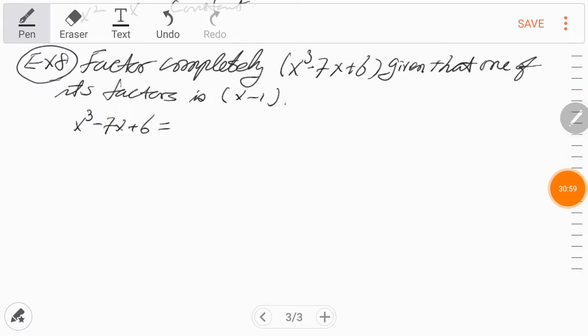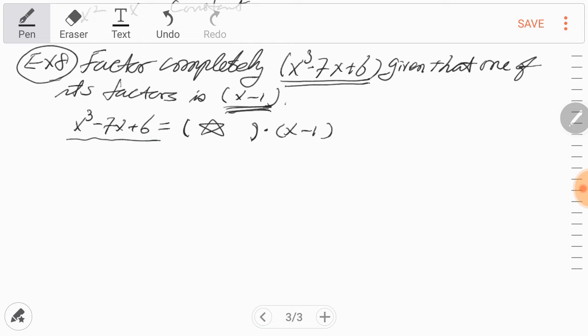Okay, in this example, I will factor this polynomial completely. And one of the factors of this polynomial is x minus 1. So we can write it as this. The trinomial is a product of something, I don't know what this is, multiplied by x minus 1. Because x minus 1 is one of the factors of this polynomial.